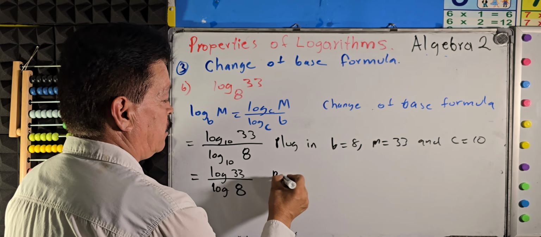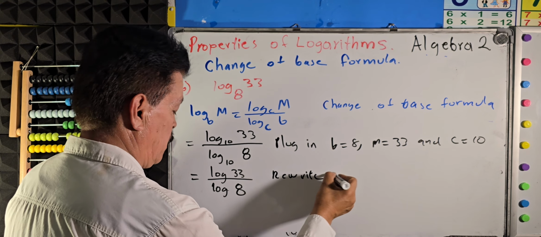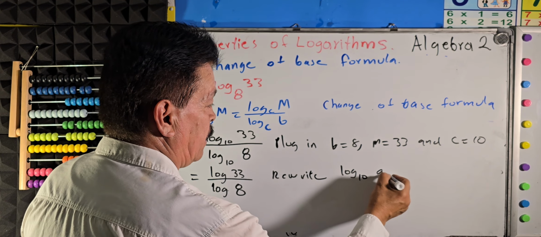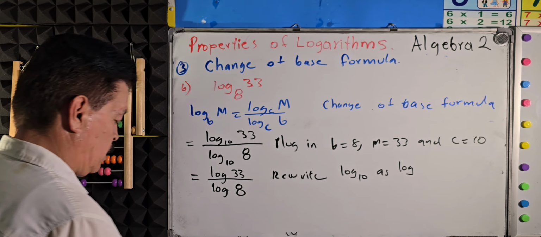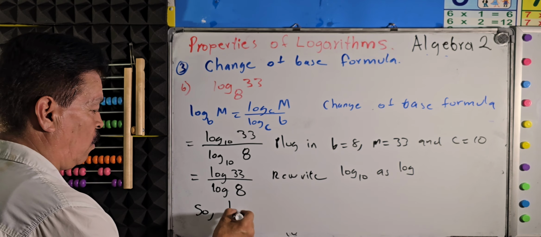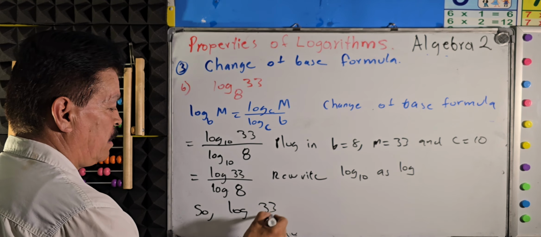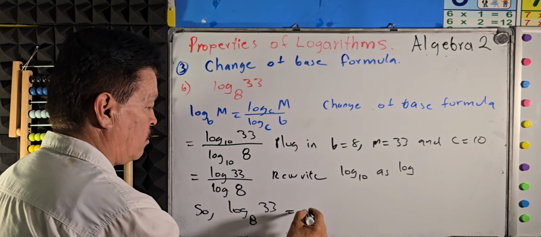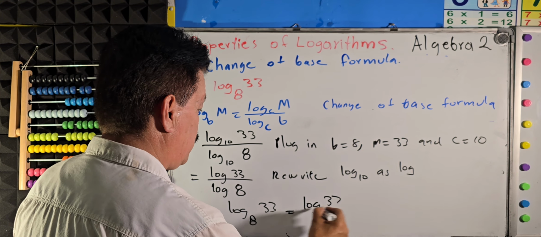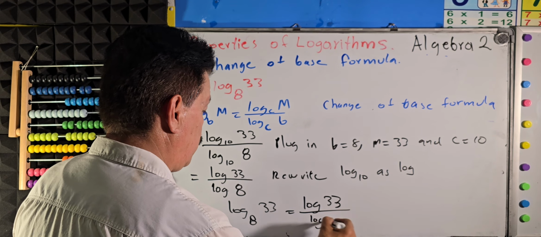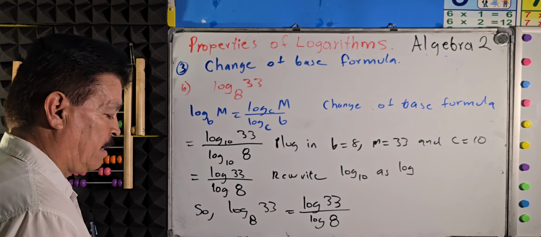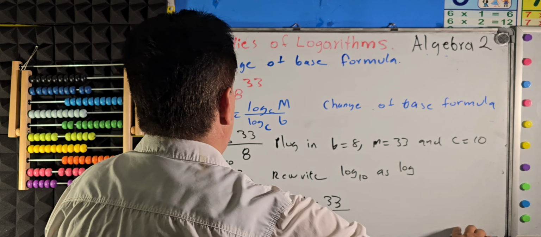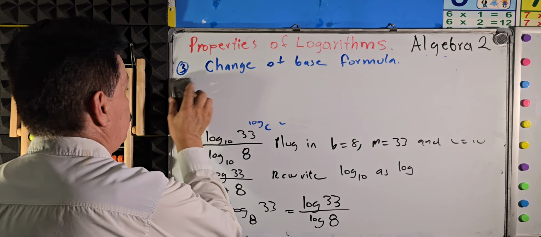Rewrite log with the base 10 as a plain log. So our conclusion: log of 33 with the base 8 equals log 33 divided by log of 8. Okay, this is another example. Let's do one more here.